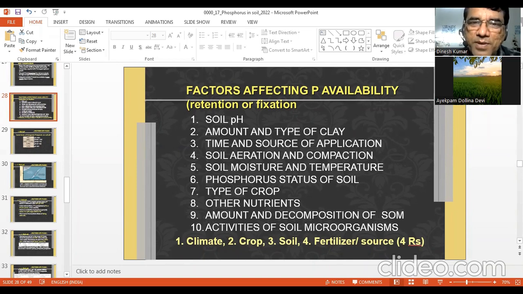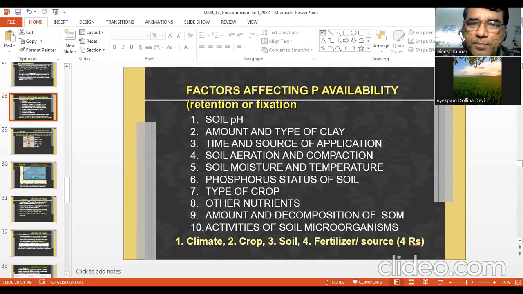We will see how these factors affect availability, retention, or fixation of phosphorus in soil. More the fixation, less is the availability. More is the availability, less is the fixation.